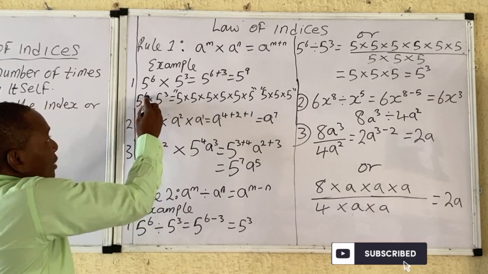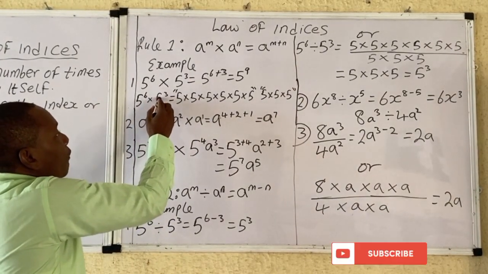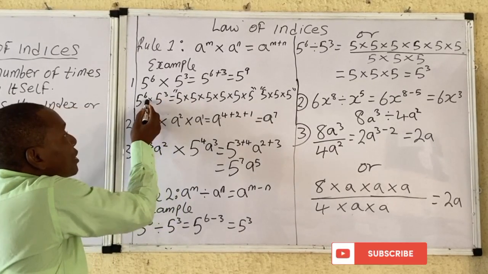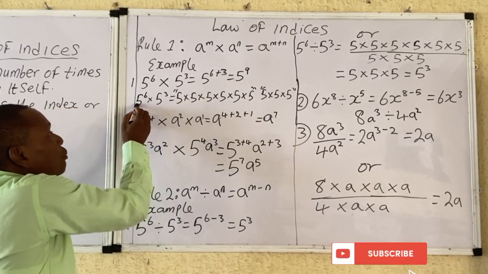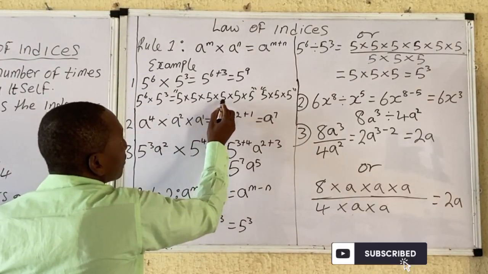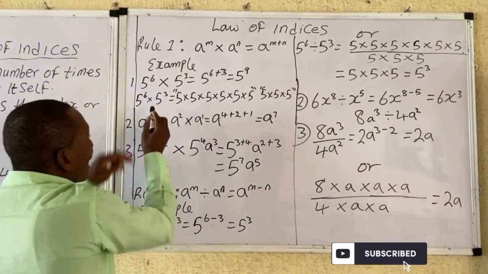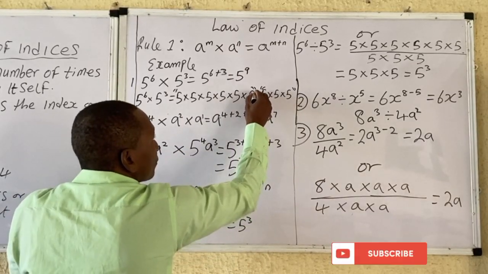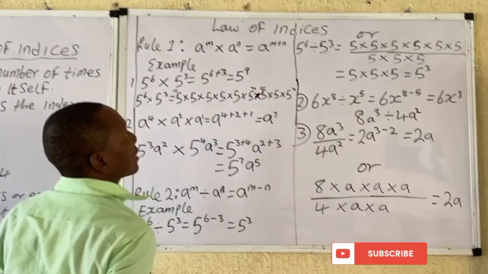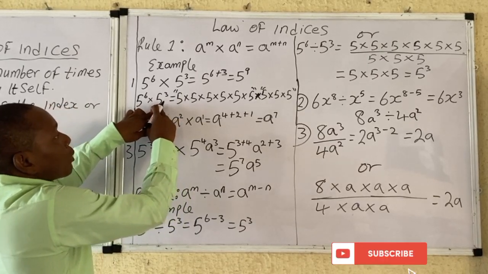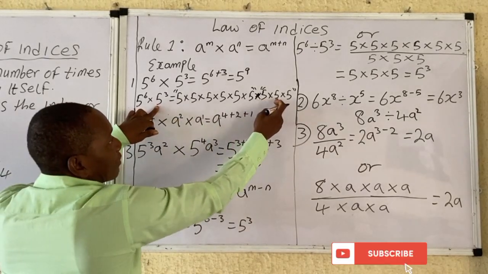We can also do it using the elementary method. Now, 5 raised to the power 6 times 5 raised to the power 3. In this case, 5 raised to the power 6 simply means 5 is multiplied by itself 6 times. 5 times 5 times 5 times 5 times 5 times 5. Now, there's another times here. 5 raised to the power 3 means 5 is multiplied by itself 3 times. 5 times 5 times 5.